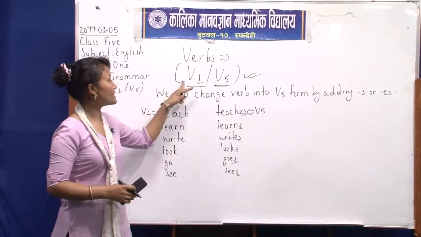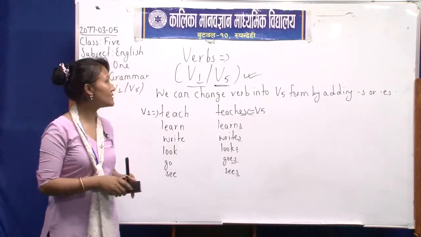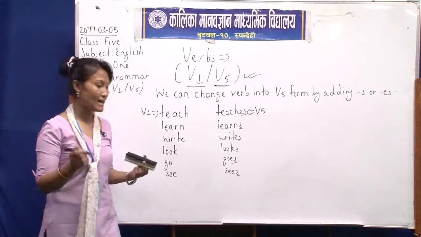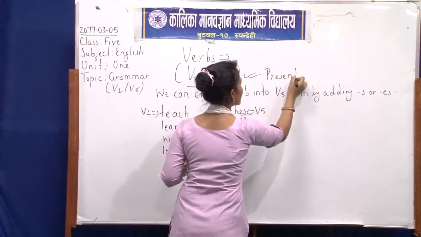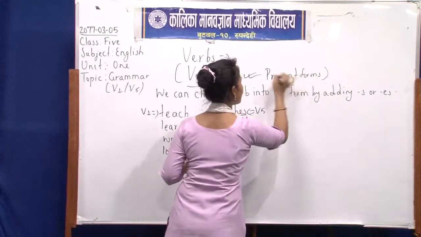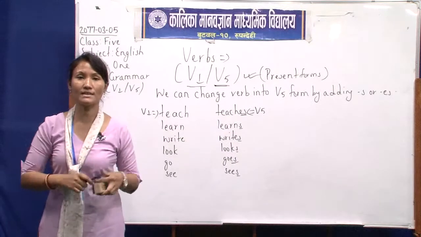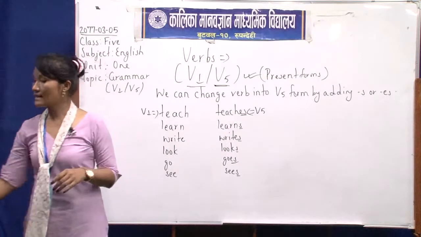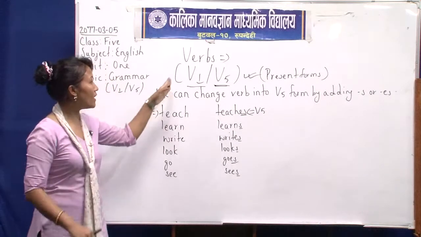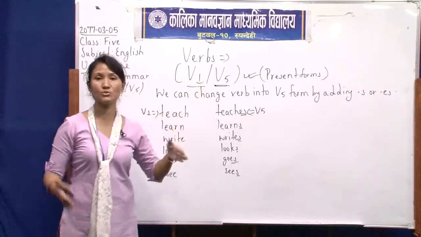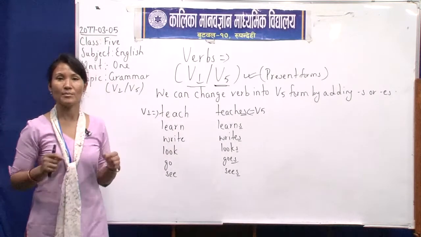Now we will learn the uses of verb 1 and verb 5. Let me tell you that verb 1 and verb 5 are present forms of verb. You should have knowledge about tense also. How many tenses are there? Present, past and future, right? So verb 1 and verb 5 denote the present form, present tense. Present means today.